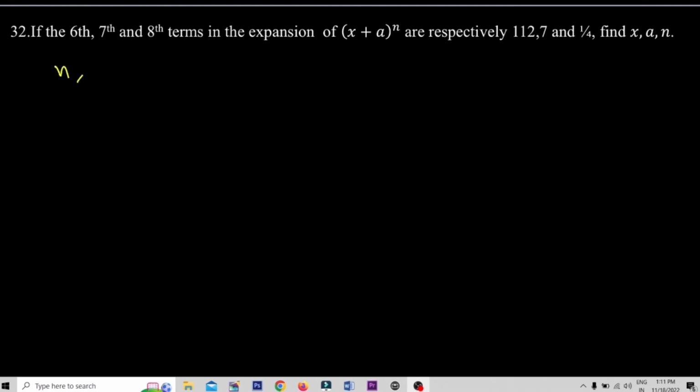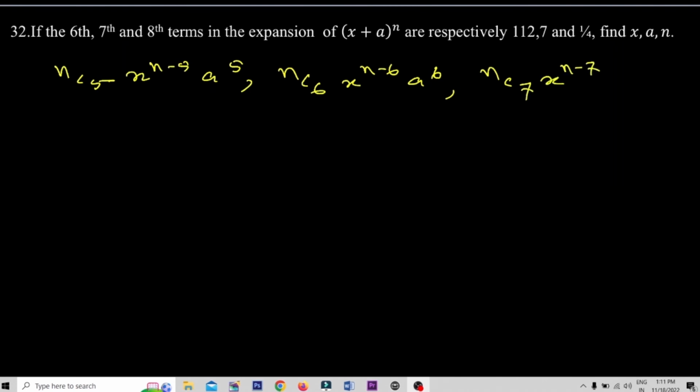6th term is nC5, x to the power n minus 5, a to the power 5. 7th term nC6, x to the power n minus 6, a to the power 6. And 8th term nC7, x to the power n minus 7 and a to the power 7. Now let us calculate according to the values.